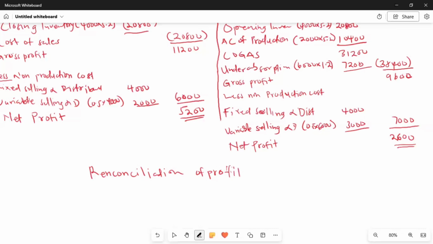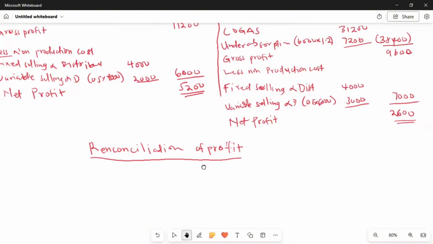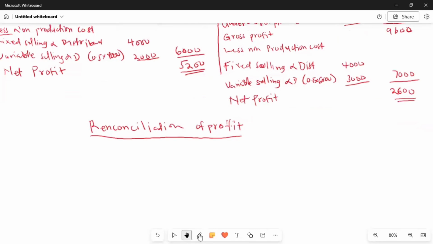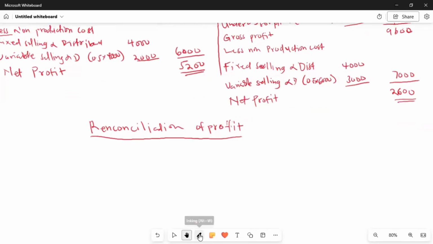So with the reconciliation of profits, when you start with the profits as per marginal costing, what you do is you add the closing fixed component, less the opening fixed component.